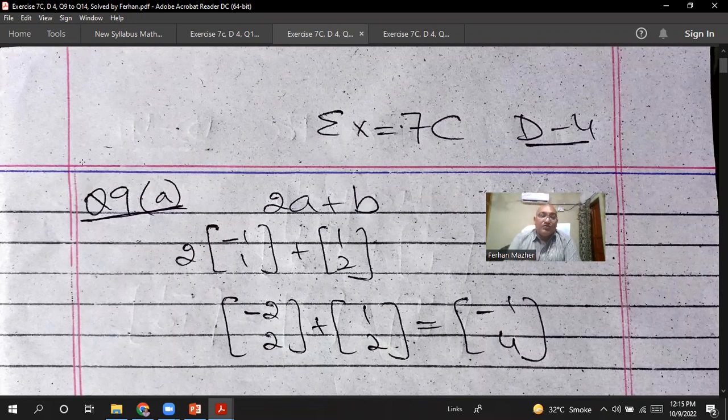So it will be 2 times the column vector (-1, 1), plus B, which is (1, 2). So it will be (-2, 2) plus (1, 2). The x is added in the x, and the y is added in the y. So -2 plus 1 will be -1, and 2 plus 2 will be 4. So this is how you do question number 9, A part.